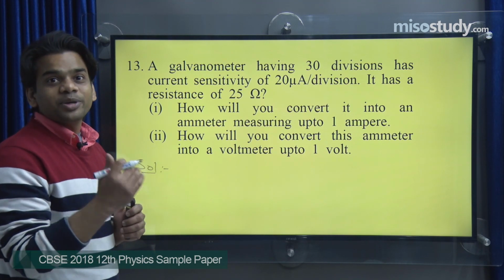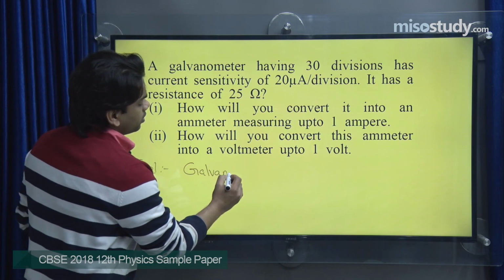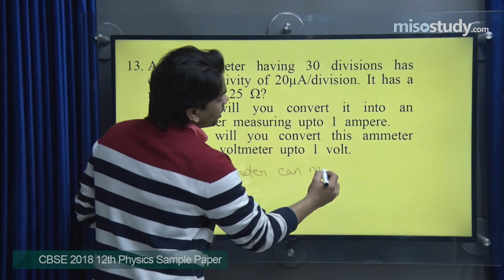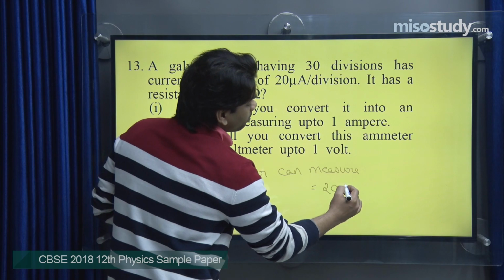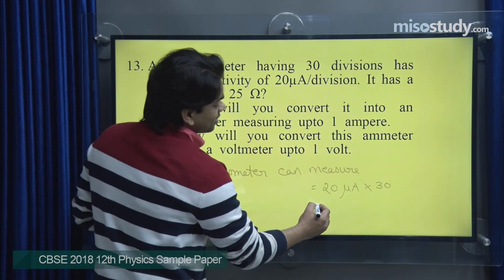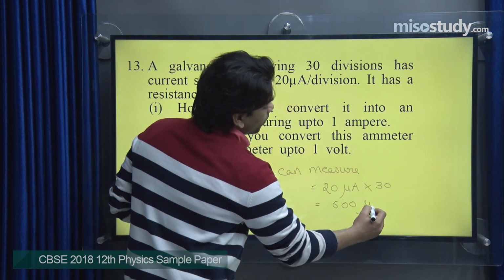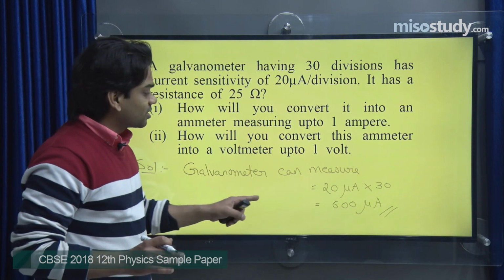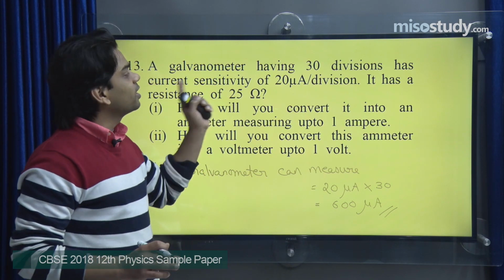So 30 divisions, the galvanometer can measure up till where? It is 20 microampere for one division, so this will give you 20 into 30, that is 600 microampere. This will be the limit of the galvanometer, that is the maximum current that can flow through the galvanometer.